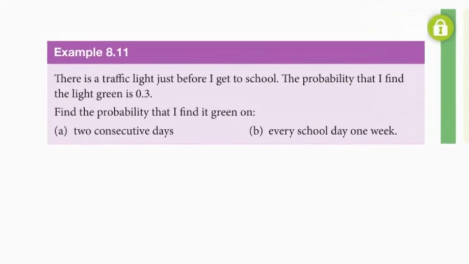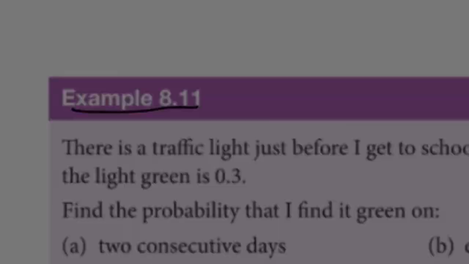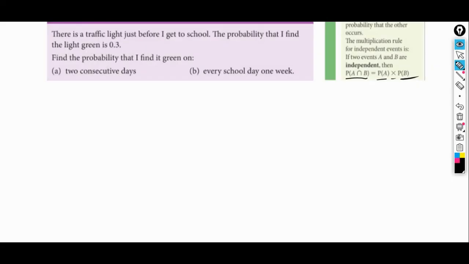So now we're going to focus on example 8.11. And it says, there's a traffic light just before I get to school. The probability that I find the light green is 0.3. Find the probability that I find it green on A, 2 consecutive days.